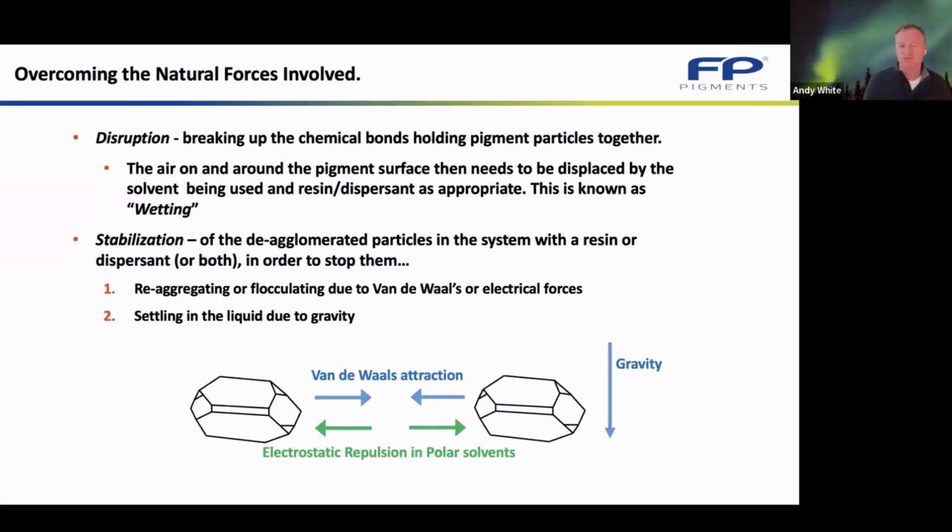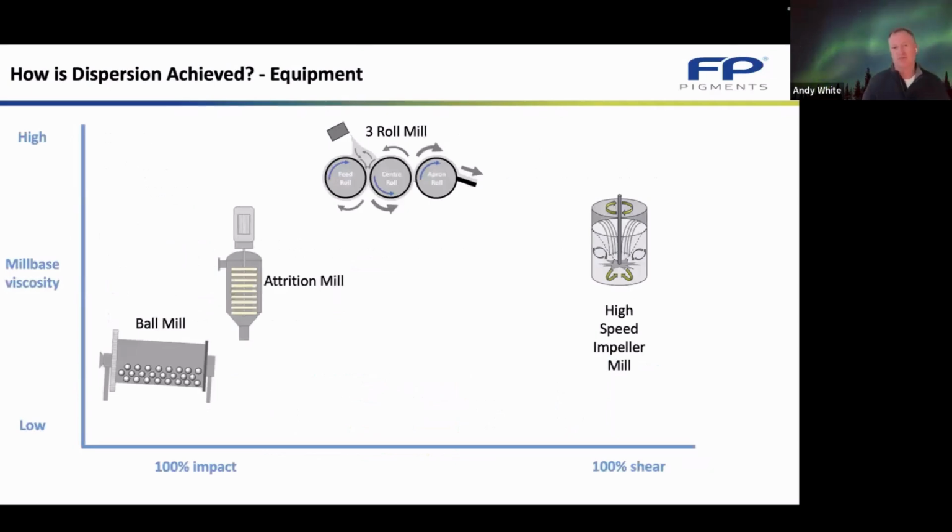So the process of dispersion is about breaking something up and then attaching something to the pigment particles so that they become stable and don't settle out. TiO2 has a density of 4.2. If anything, it wants to settle into the bottom of a paint can. So you need to introduce something to keep it stable.